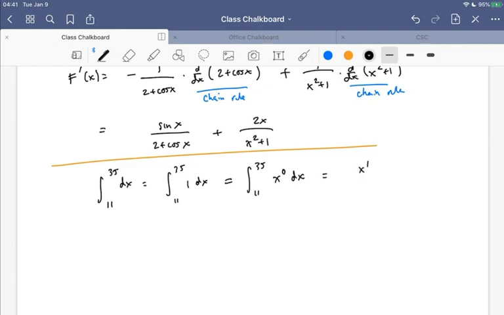It's x to the first over 1, which is the same as just x. Remember, the derivative of x is 1, the derivative of a linear term is a constant, and so when you go the other direction, it works the same way.